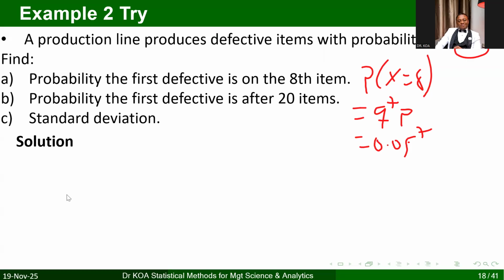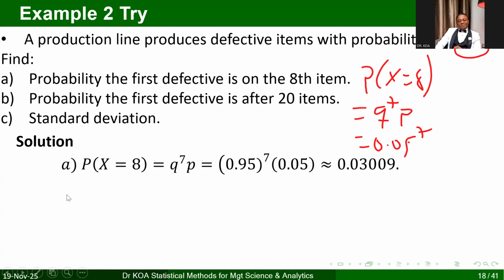Let me see. If you calculate it, you're going to get 0.034. Very good. I think P is raised to the power 1, because in the previous question, it's just P but it's raised to the power 1. We all know any number standing alone is raised to the power 1.